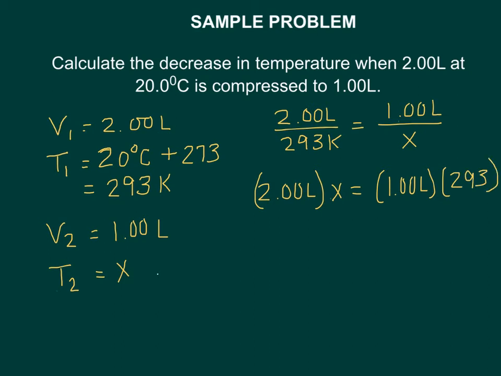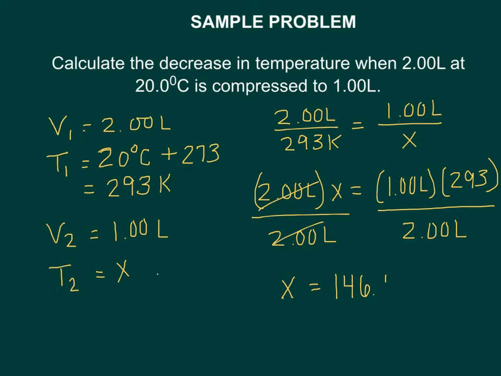To get X by itself, we will need to divide both sides of the equation by 2 liters. Two liters cancels out on the left-hand side, so X is by itself. Now to solve in our calculator, we take 1 times 293 divided by 2, and we get 146.5. Our unit will be in Kelvin.